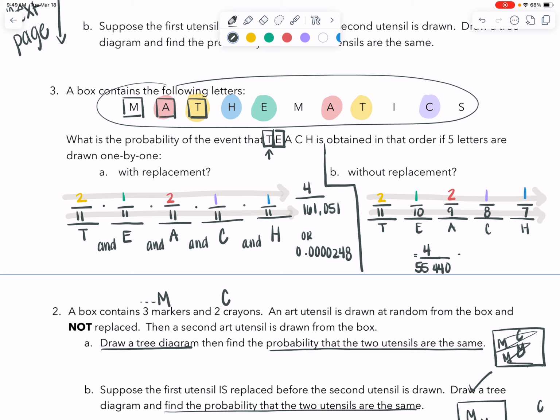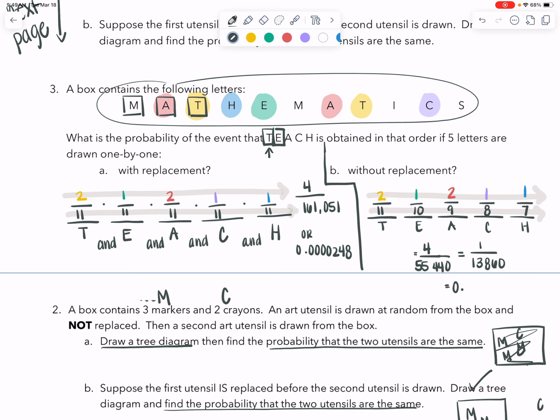And that does simplify to 1 over 13,860. Or you could do the decimal version, which would be another really small number, 0.0000722. I don't care which one you do, decimal or fraction.